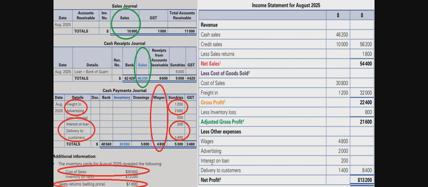So one more time, interest on a loan goes into an income statement, repayment of a loan does not. Anyway, we add up all our expenses together and give us a grand total of $8,400. In the end, to figure out a net profit, we simply have our adjusted gross profit, take away our expenses to give us a net profit of $13,200.